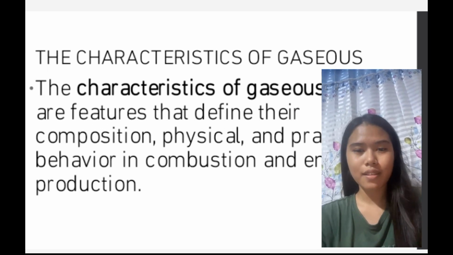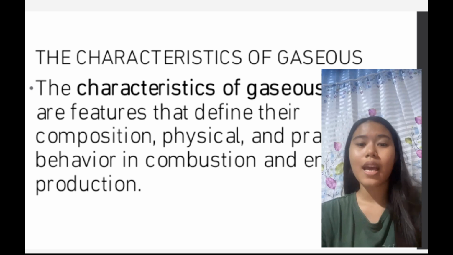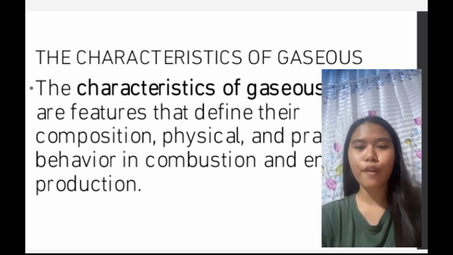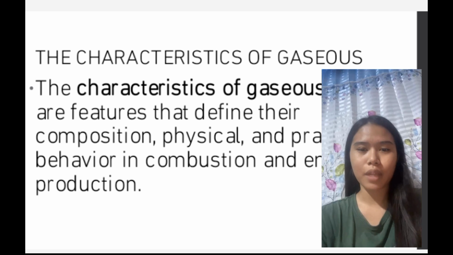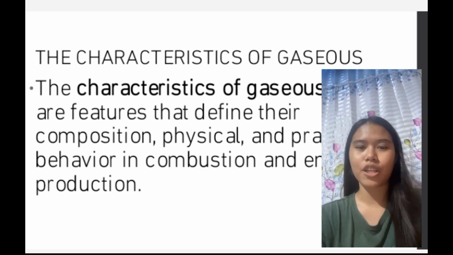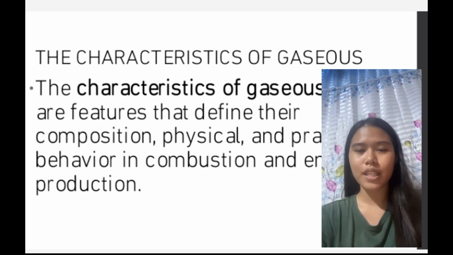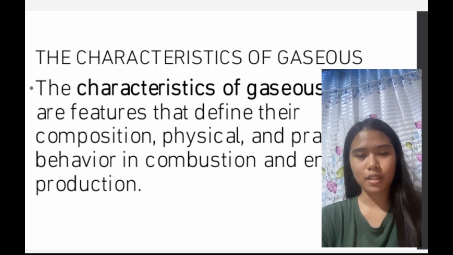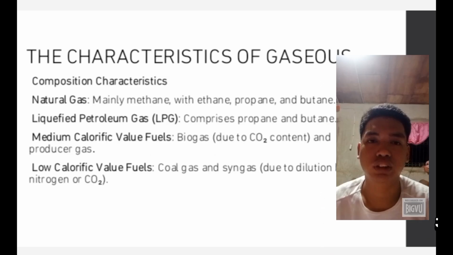The characteristics of gaseous fuels are features that define composition, physical properties, and practical behavior in combustion and energy production. These characteristics determine how they produce energy efficiently and practically.